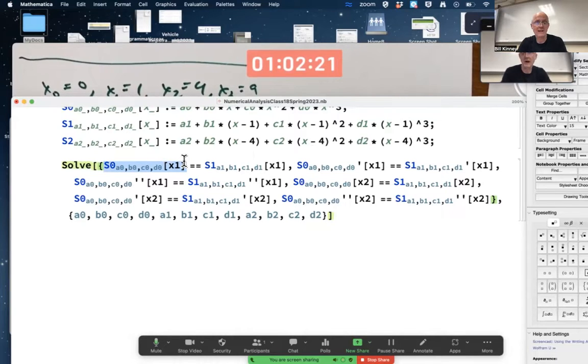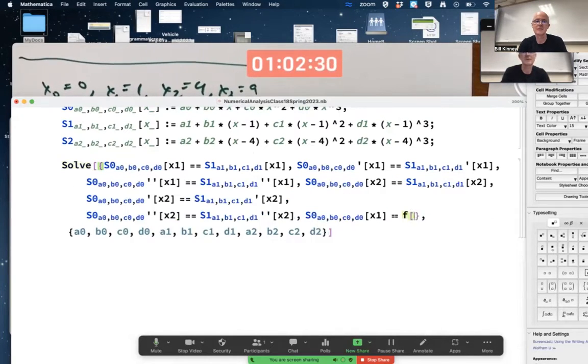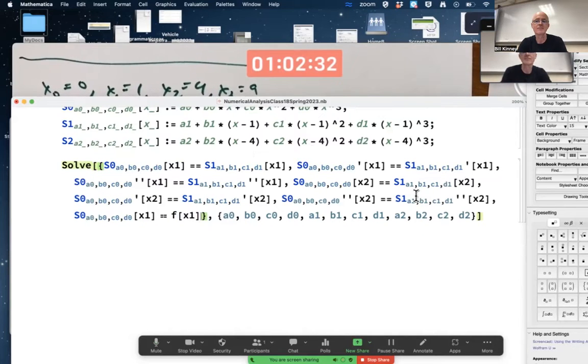So you also want S0 of x1, for example, to equal f of x1. You also want S1 of x1 to equal f of x1, but if S1 of x1 equals S0 of x1, it'll automatically equal f of x1.